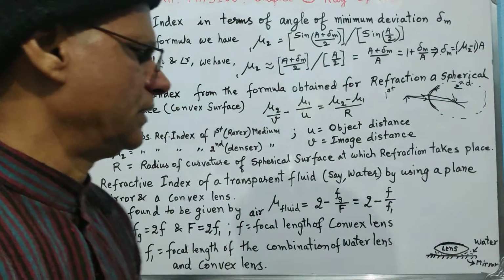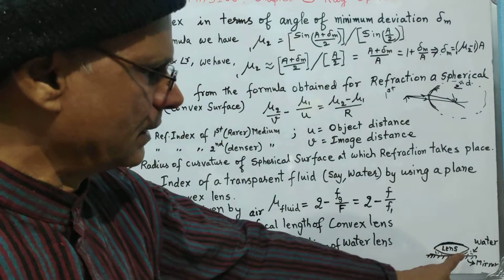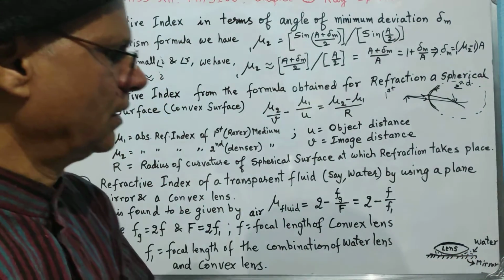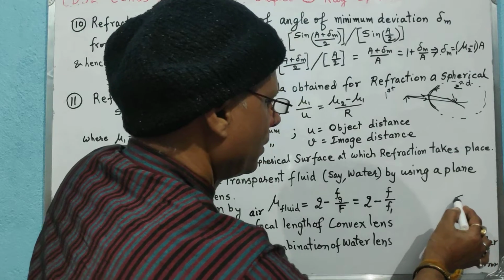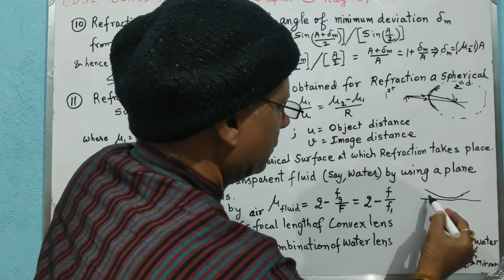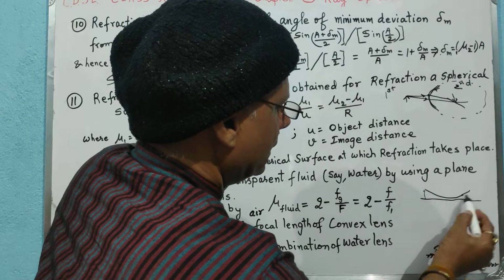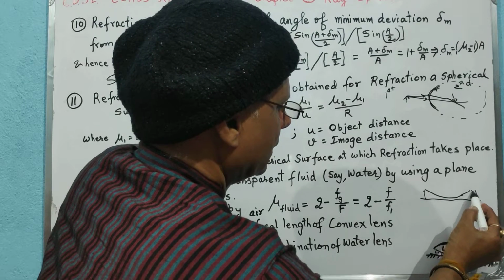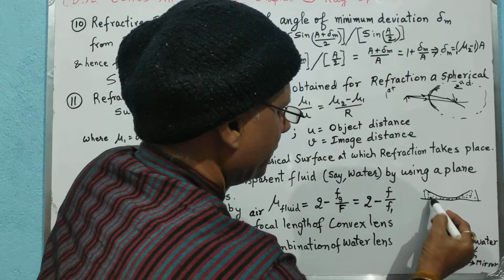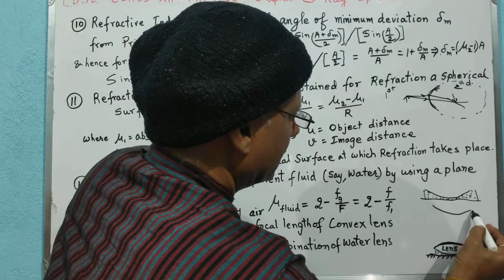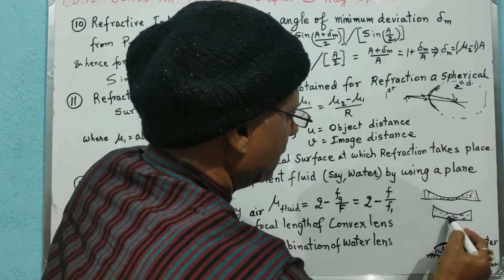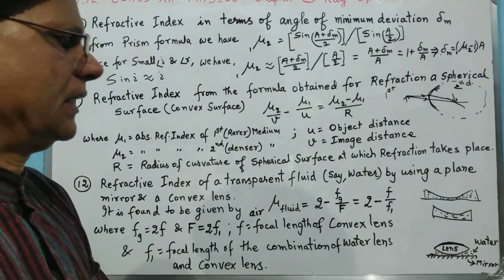This is the glass lens, which is a convex lens, and here the water forms a plano-concave lens, because of the shape of the lens where we are placing water. This is filled with water, so it acts as a plano-concave lens.